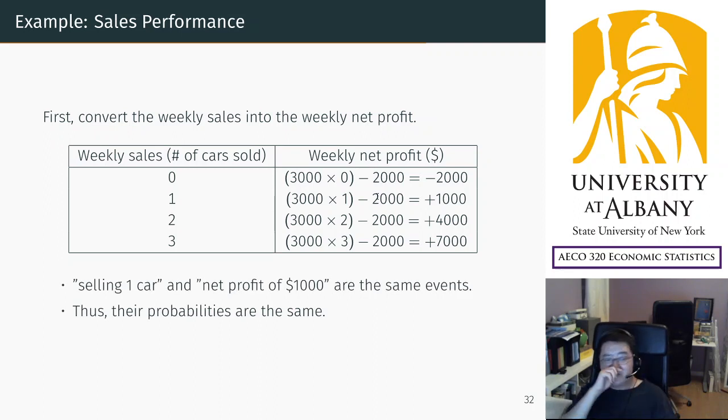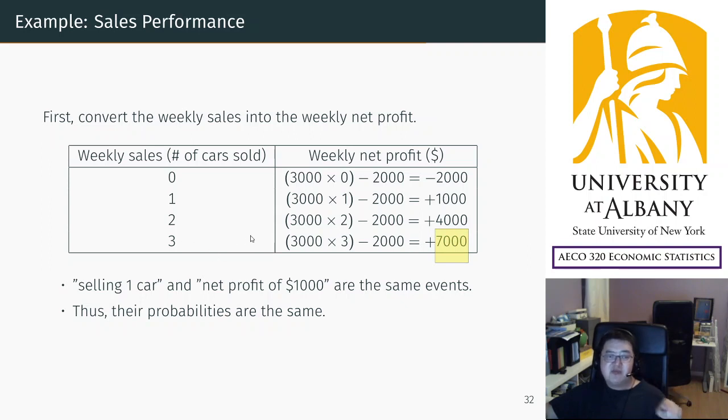Okay, then what's interesting here is these two are just different numbers, different ways to describe the same event. If there was a week where the seller sold 3 cars, you may describe that event as 3, the number of cars sold. But equivalently, it does not matter even if you label that week as 7,000.